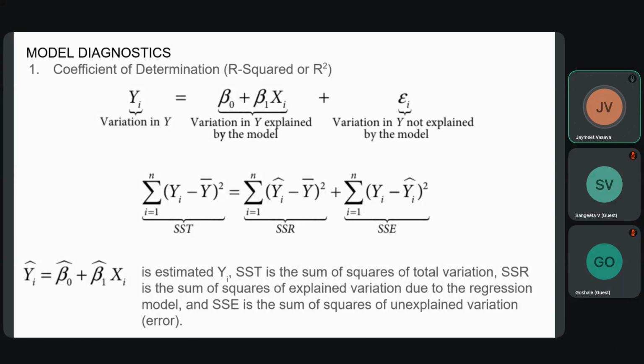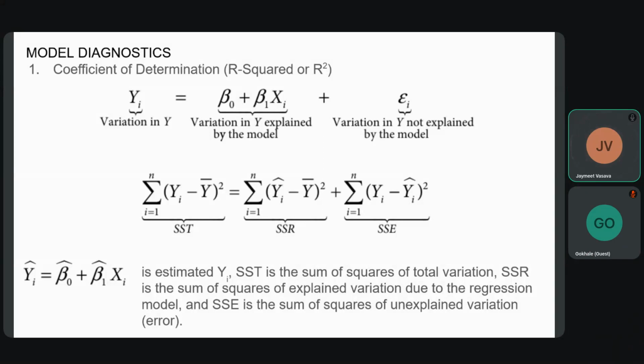For that, we'll be using the estimation of yi values, which is yi hat equals beta 0 hat plus beta 1 hat xi, where SST is the sum of squares of total variation, SSR is the sum of squares of explained variation due to the regression model, and SSE is the sum of squares of the unexplained variation, which is the error.